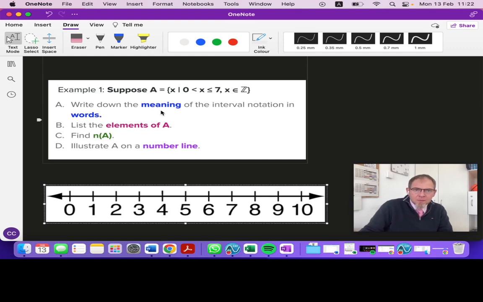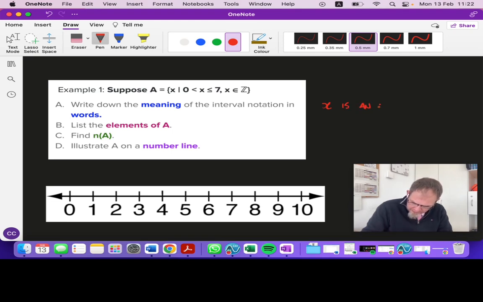So if I want to write down the meaning of that, I would write down that x is an integer between 0 and 7. 0 is included. So 0 is excluded, sorry.